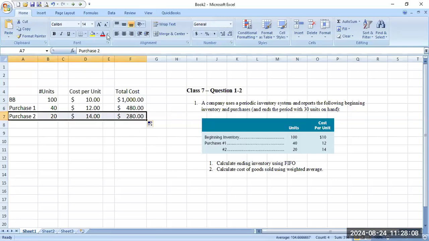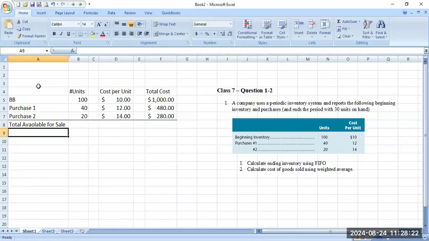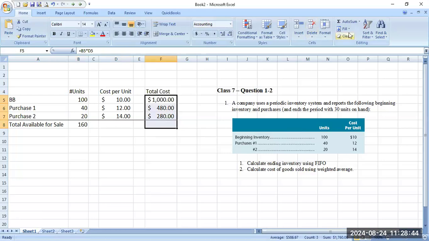So total available for sale for us is 160 units. Total cost is $1,760.